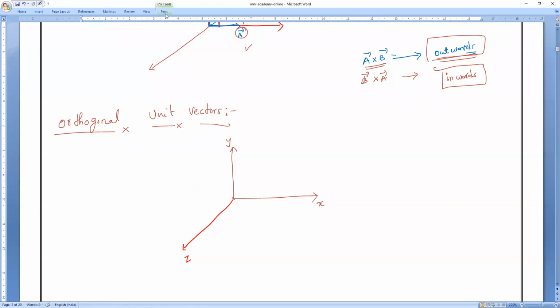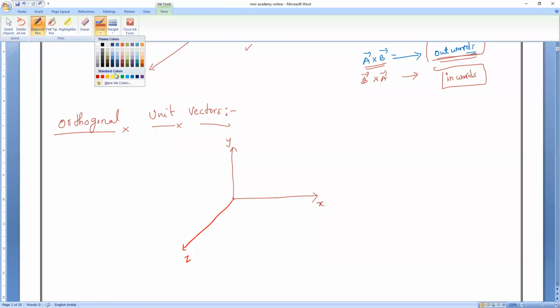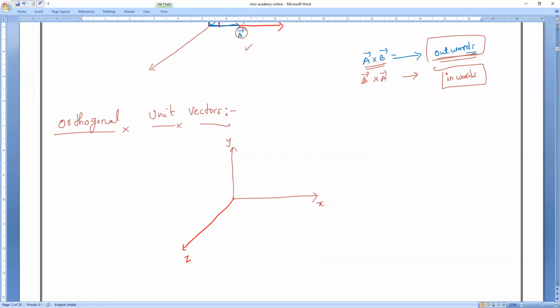So I'm taking 3 vectors: one vector acting towards the y axis, one towards the z axis, and another towards the x axis. The angle between any two is 90 degrees, everything is perpendicular to each other.